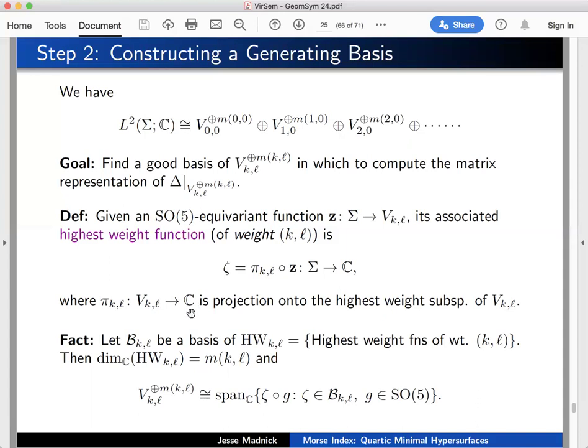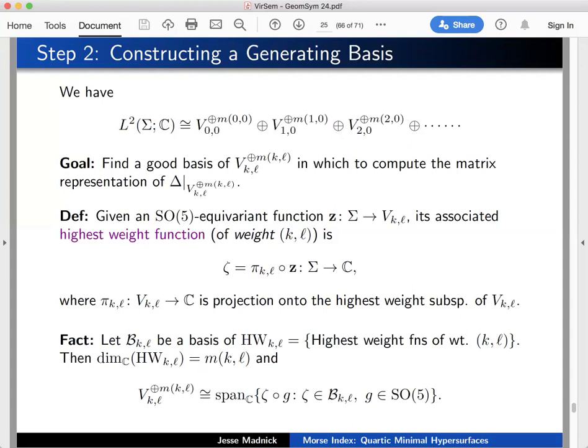Moreover, you can represent this isotypical summand more concretely, like so: up to the G action, in this case the SO5 action, it's essentially given by these highest weight functions. So this is how you can get your hands, in principle at least, on basis functions for these isotypical summands. What you need to do then is find a basis B_KL of the highest weight functions. Those are the functions that you work with, the functions whose Laplacians you end up computing.